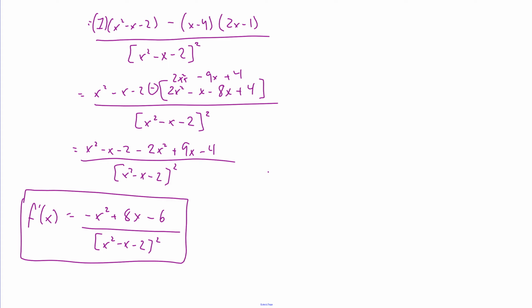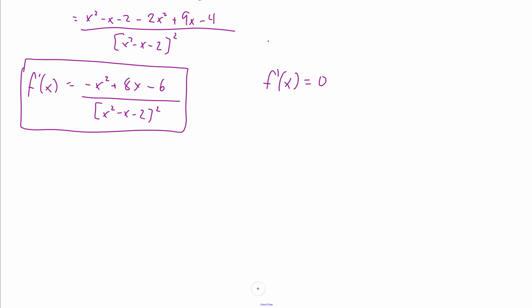Okay, so now that we have our first derivative, we can find our critical points. We know that the first derivative of any function will give us our maximums and minimums, whenever f prime is equal to 0. So when is f prime equal to 0? Well, it's equal to 0 when the numerator is equal to 0.